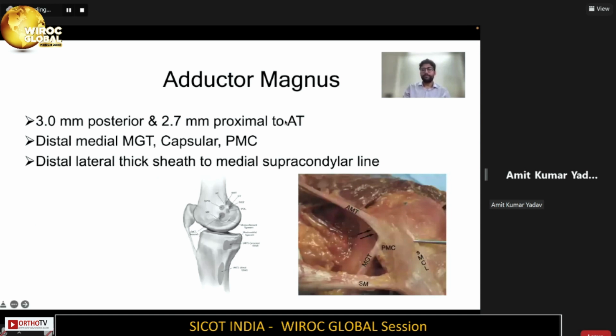The adductor magnus is attached to the adductor tubercle. The distal part on the medial side is attached to the medial head of the gastrocnemius along with the capsular part of the posterior oblique ligament and posteromedial capsule, while the distal lateral thick sheath attaches to the medial supracondylar line.